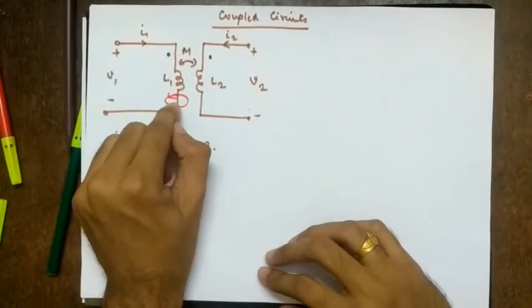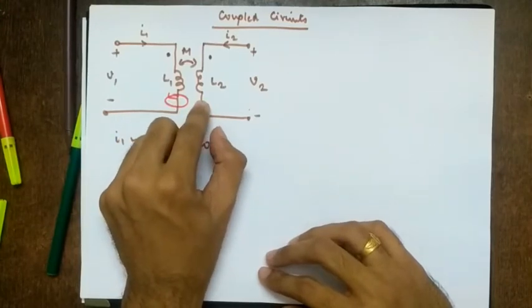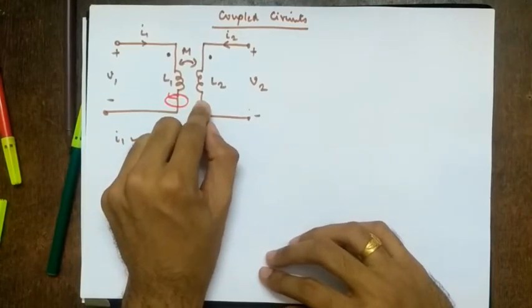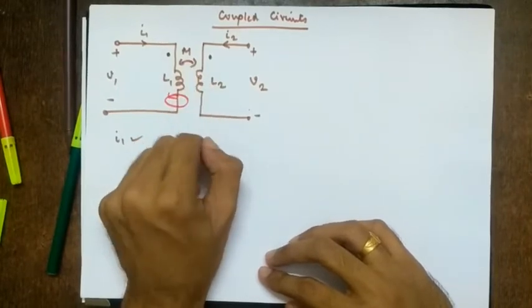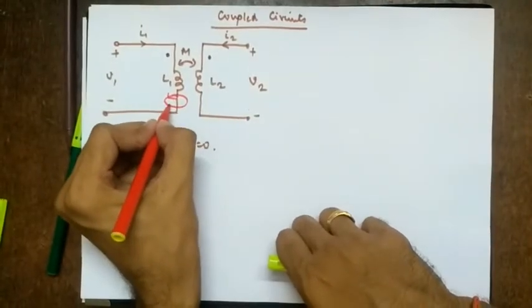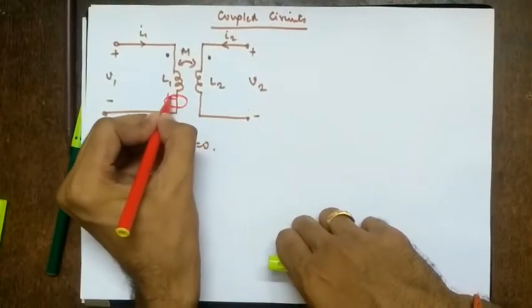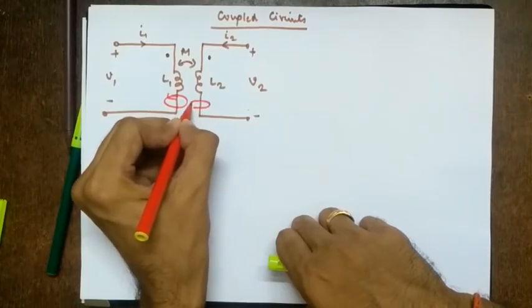Some of this flux, as you have studied in the transformer, will also get linked with this one, right? So a fraction of this flux also links with the second coil, and by the inverse of Ampere's law, as we have studied in transformer and in previous lectures, it will induce a voltage here also, right? So how will it get linked? If it is going behind, it is going like this, and forward it is coming like this.